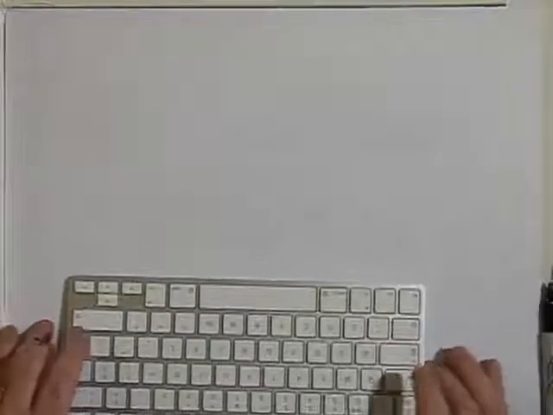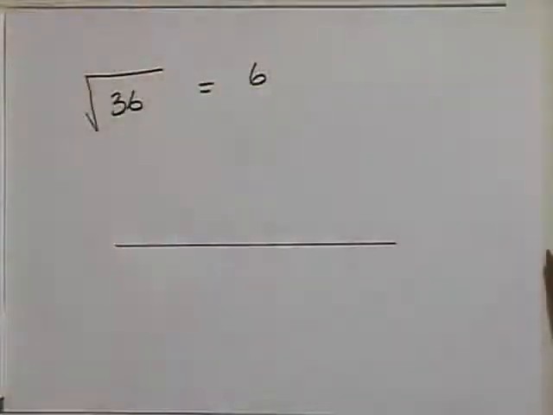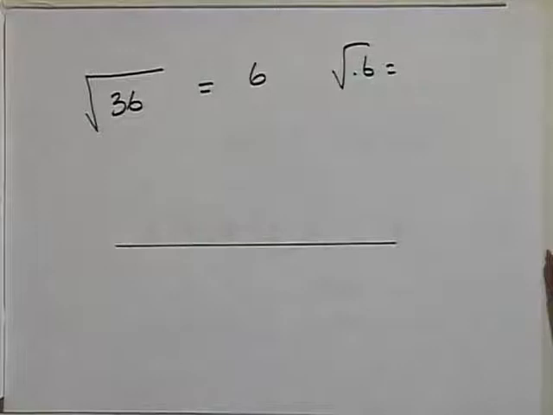And that was okay until the last part of the story. The last part of the story was they decided to do square roots. And the square root was okay when they were doing the square root of 36, and they got 6. Or the square root of 0.6, and they got a number.